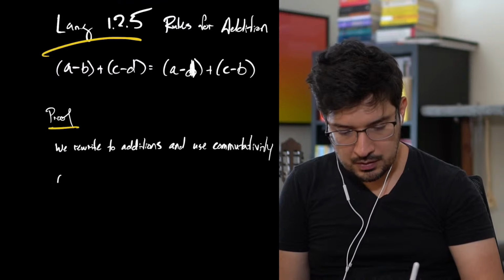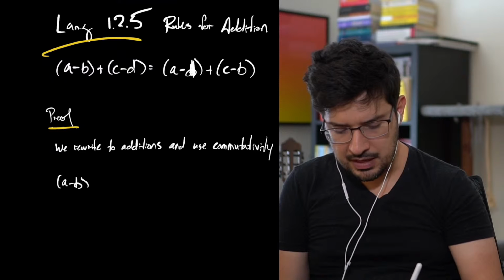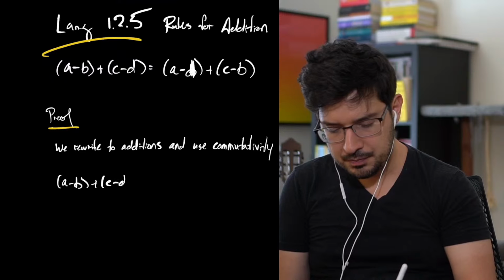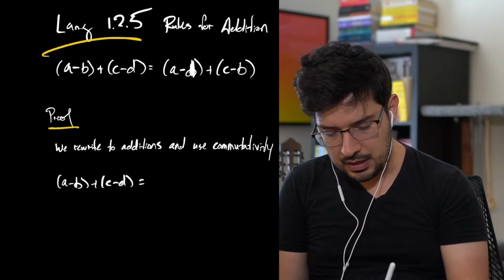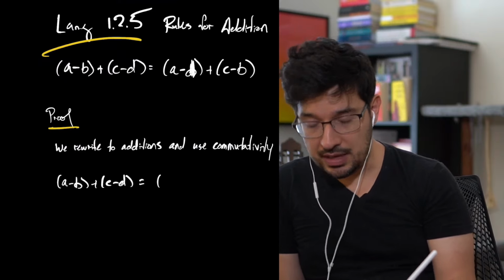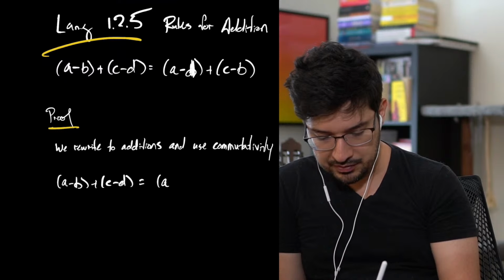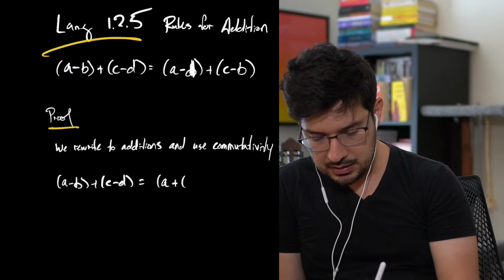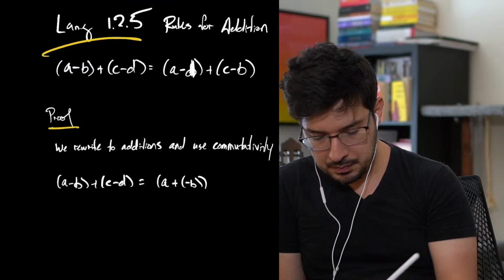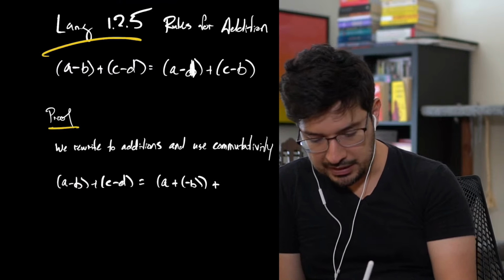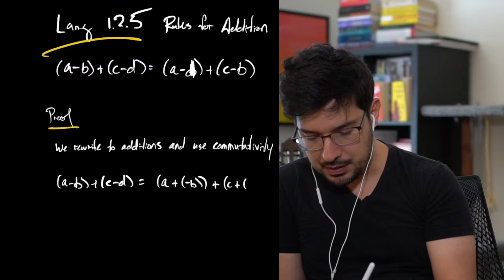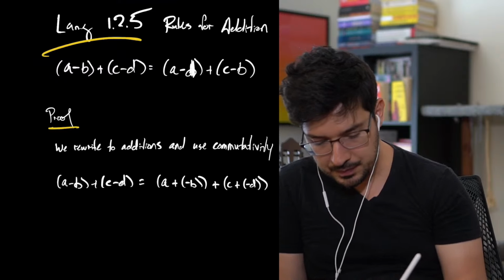So we start from the left-hand side and rewrite all the subtractions as additions of a negative. So a minus b is the same as a plus negative b. c minus d is the same as c plus negative d.